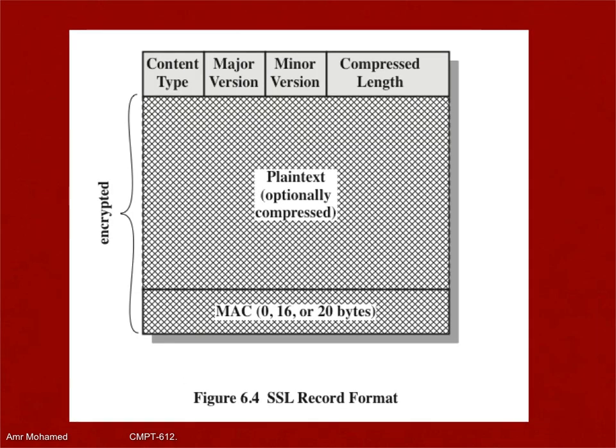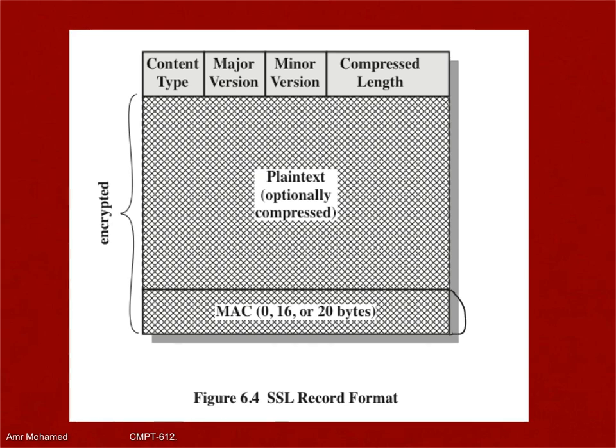What happens is that this compressed length is the length of the entire payload, including even the MAC. When I look deeply at the standard, this compressed length refers to the entire length of the payload, including the MAC, the padding, and the padding length. The MAC itself is fixed length.